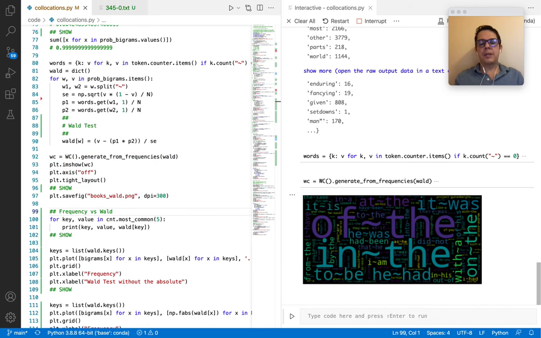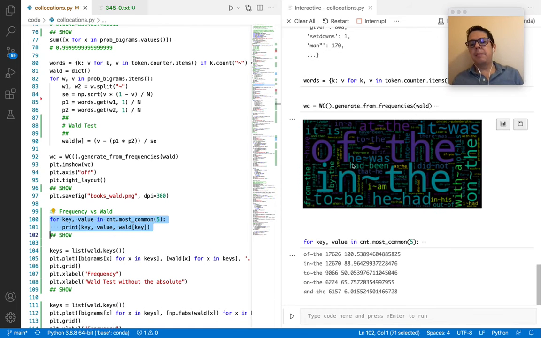Let me try to explain why we obtain this result. This result is obtained just going through, for example, the most frequent bigrams and showing the Wald test. I'm going to try to show you that even though we are seeing the same thing here, like a frequency, this is not the frequency. The frequency and the Wald test are two separate numbers.